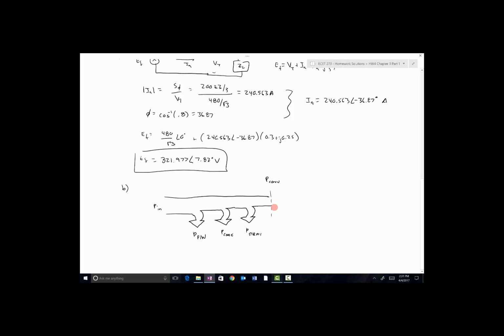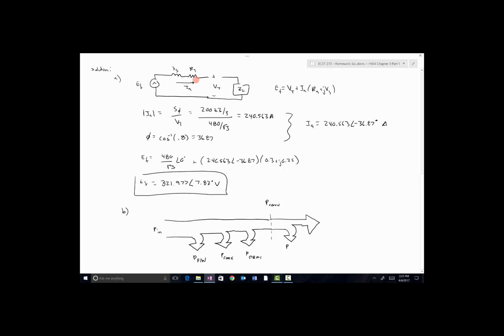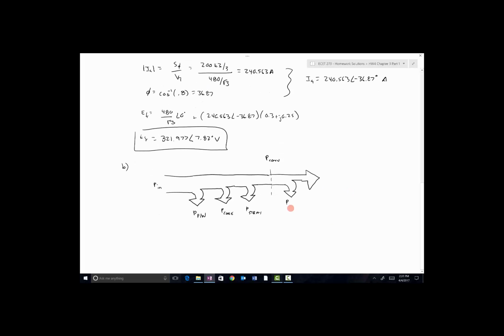And then there's one more loss mechanism. And that loss mechanism is the copper loss. That's the heat due to this here, P_CU, sometimes called I squared R, since the copper loss is due to resistive heating. And then we get P out.